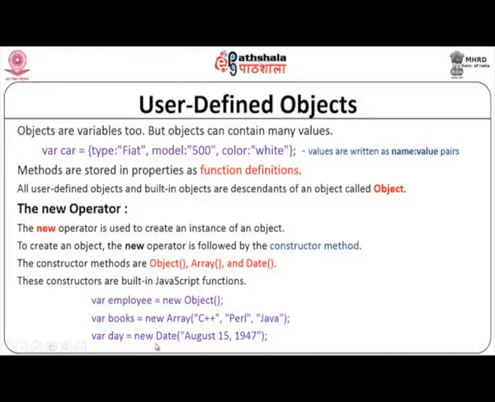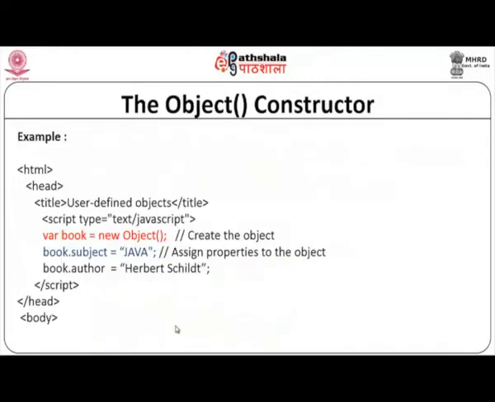You use an object called Date to create a date object. So you can create any user defined object using the constructor methods of the object, or you can use any of the predefined objects like Array, Date, String, Math and so on, which we will be seeing in the forthcoming slides.